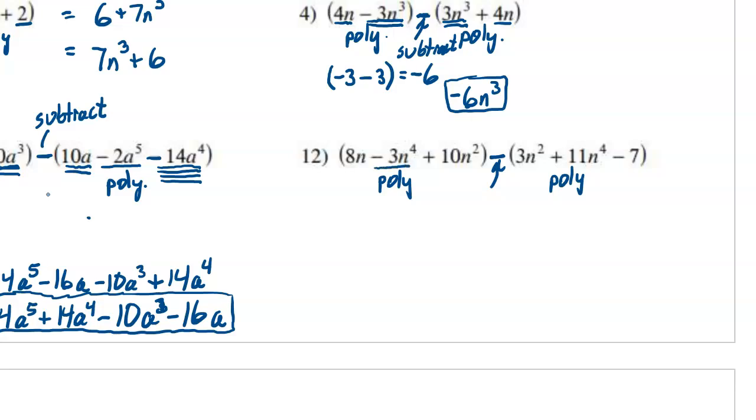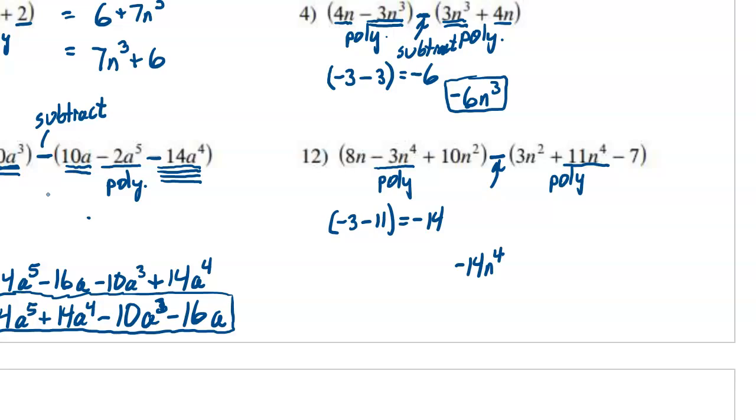So here we have negative 3 n to the 4th power. And in the other polynomial, the 11 n to the 4th power, remember we're subtracting. Our coefficients are negative 3, and we're subtracting the positive 11. That's negative 14. So in our answer, negative 14 n to the 4th power.